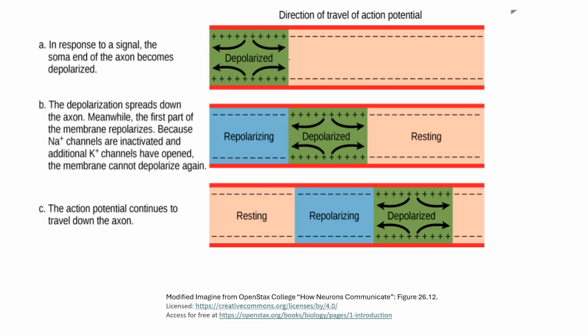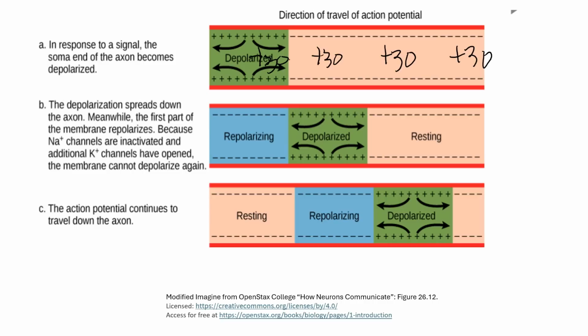If you follow the action potential down the axon, every region will be positive 30, positive 30, positive 30, positive 30. It's always the same. The degree to which the interior becomes depolarized is always the same. It doesn't decrement. That is the definition of an action potential. Graded potentials decrement, action potentials don't.